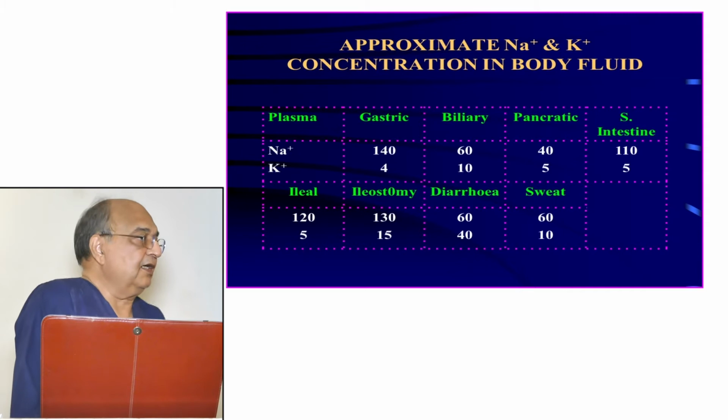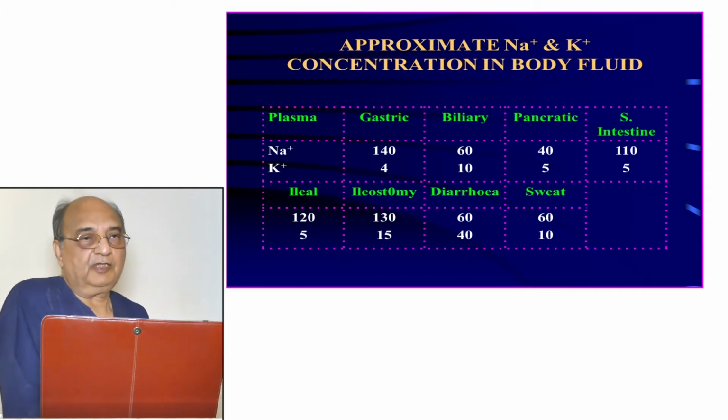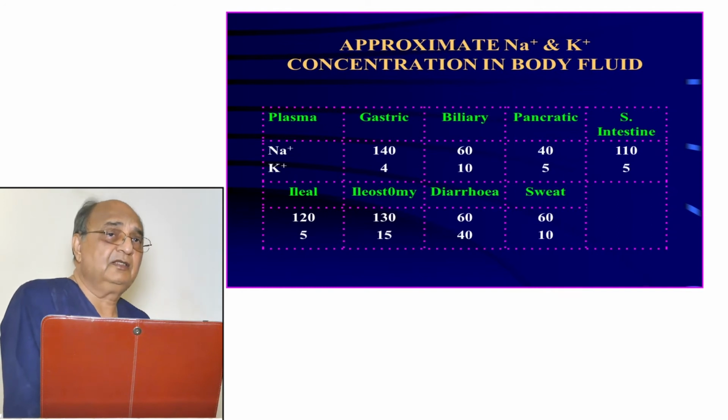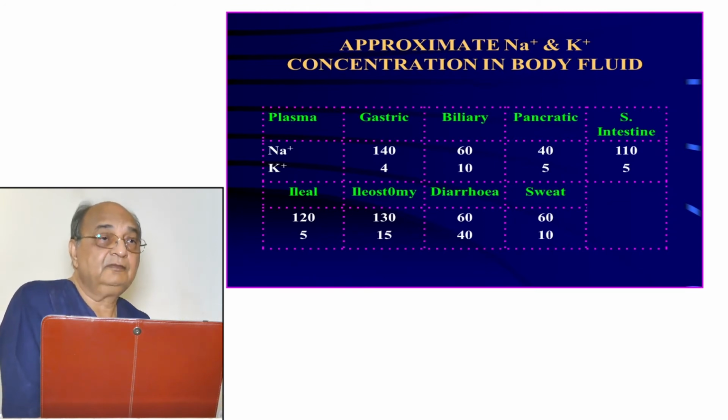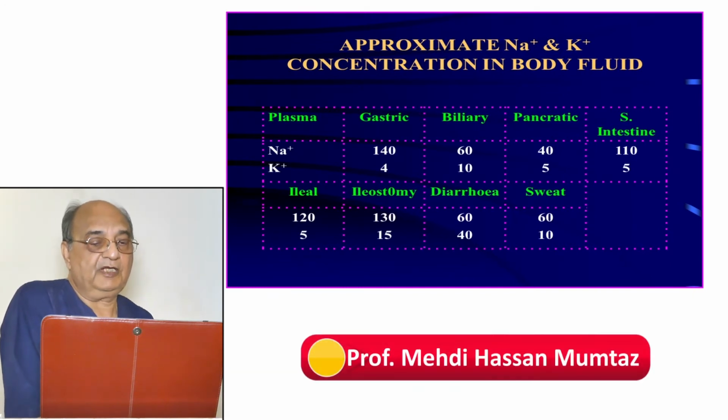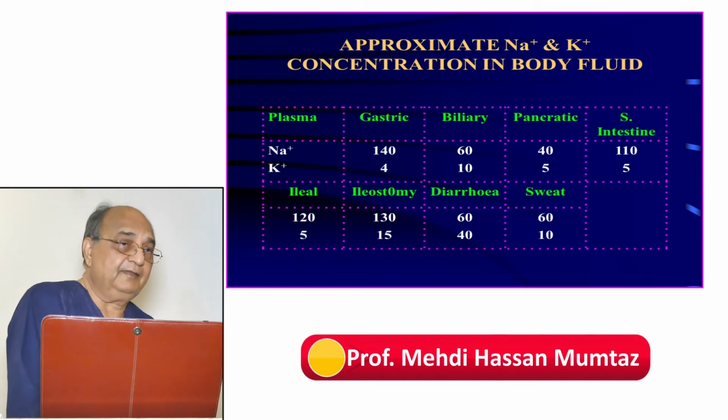Now, this diagram is very important because if you look at the sodium and potassium, these are the 2 electrolytes we estimate every day. There are no secretions in the body which have a sodium level greater than that of plasma. Normal plasma level is 140.